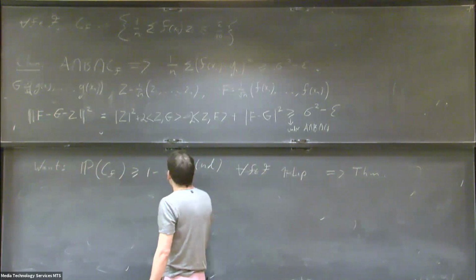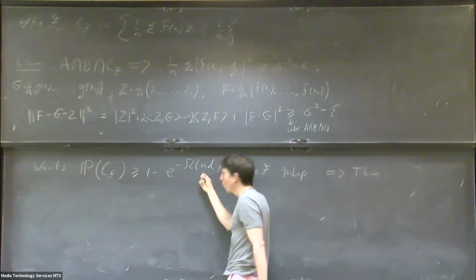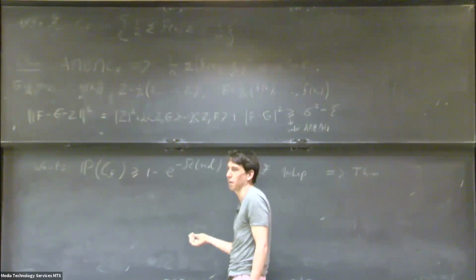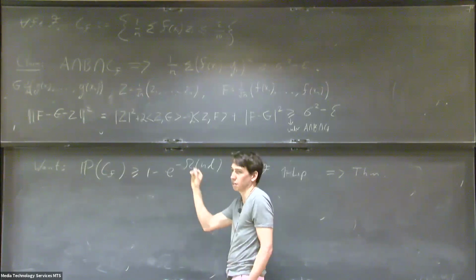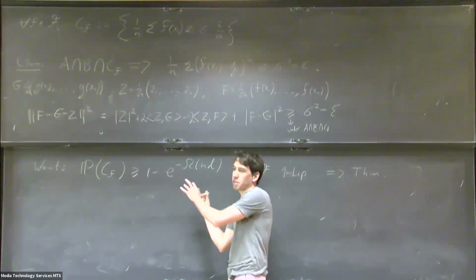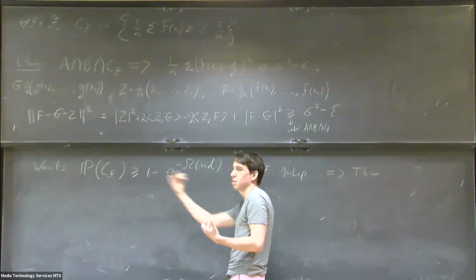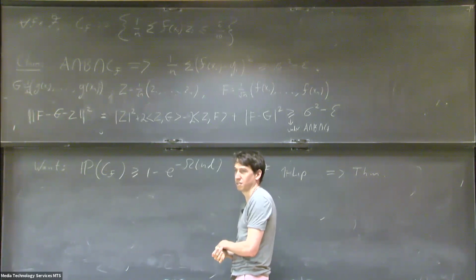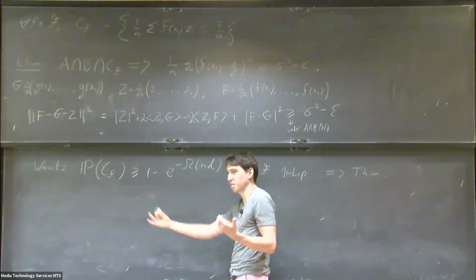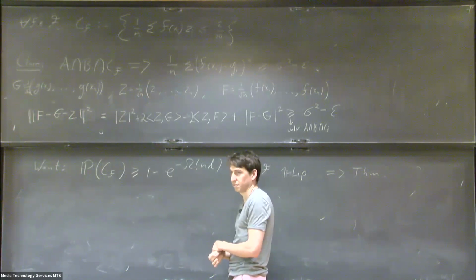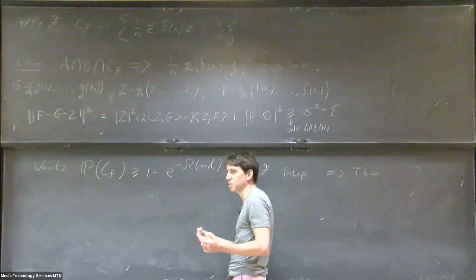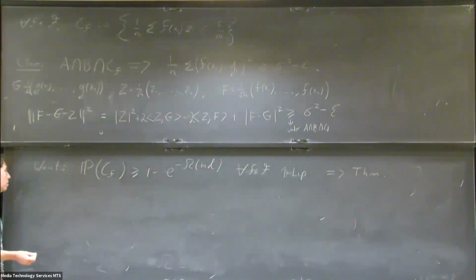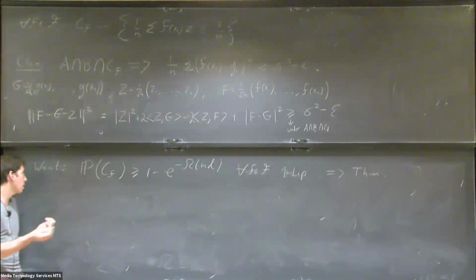The point is again that we establish this for one particular F, and then we cover the set of F's by covering the set of parameters in R^p, and then using the fact that we have a Lipschitz constant between the parameter space and the F. Okay, like we did before.